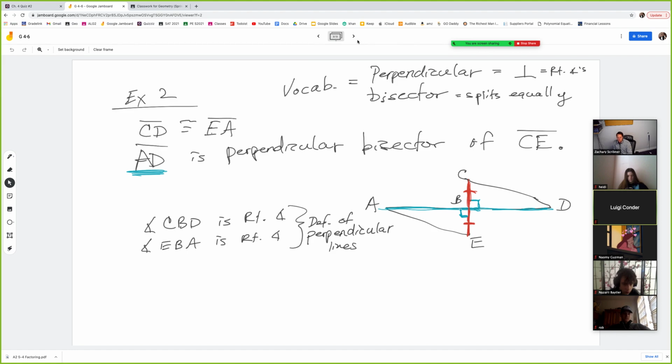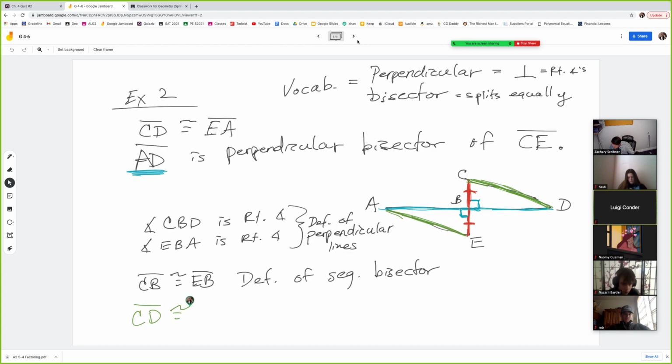We also know that CB is congruent to EB. Why? Because of the definition of segment bisector. Now, all we need is that CD is congruent to EA. CD, the hypotenuse here, is congruent to EA, and the reason is that that was given to us.